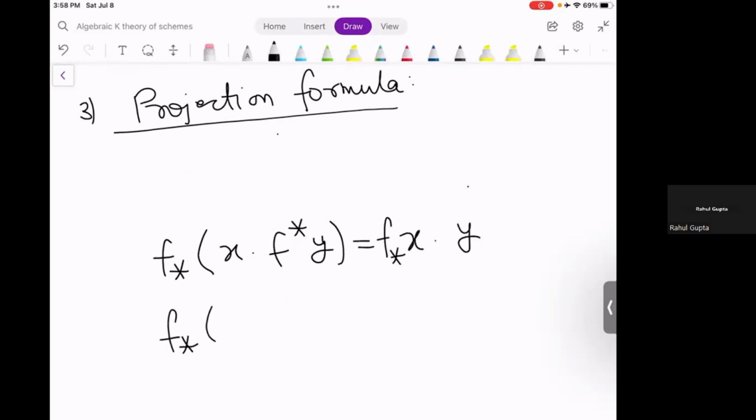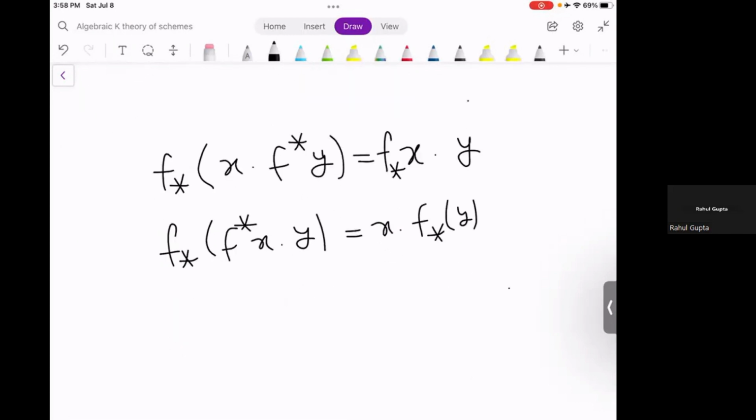Same thing in the second quadrant also. Let me write where we are taking what. So x should be in K_0 of X and Y.